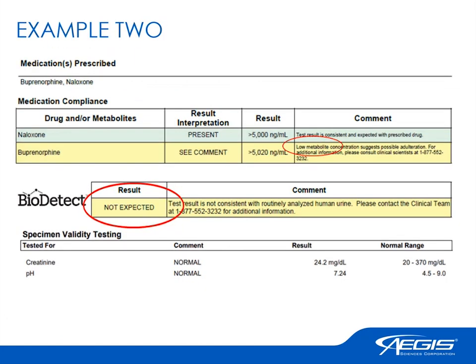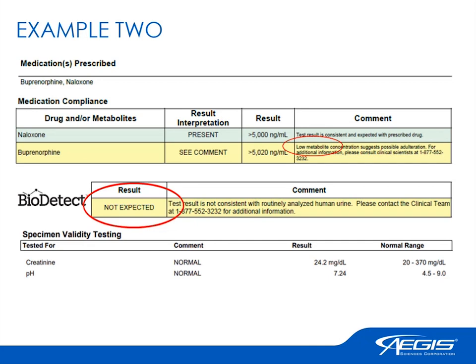The second example is an Aegis report that was collected in a substance use disorder clinic with an unexpected BioDetect result. The patient was prescribed buprenorphine and naloxone, and when you look at our medication compliance box, you see that both of those exceeded our upper limit of quantification, and then the buprenorphine here was flagged with our low metabolite comment.